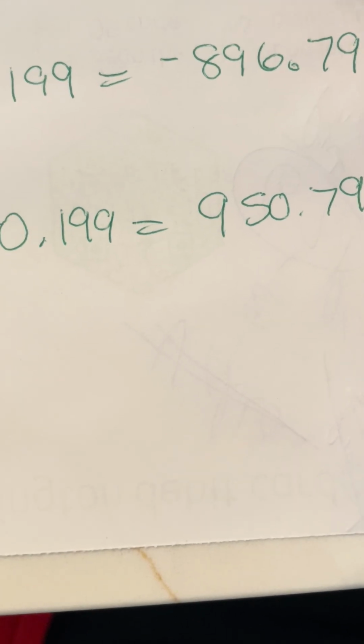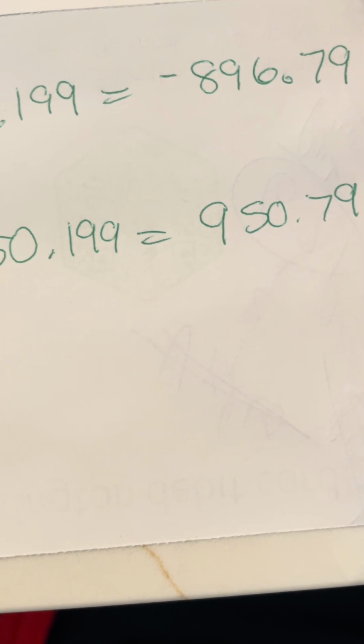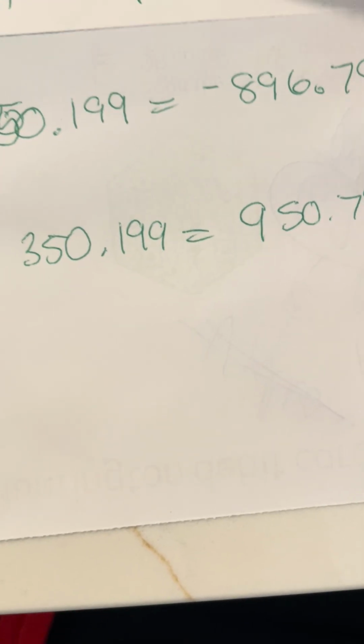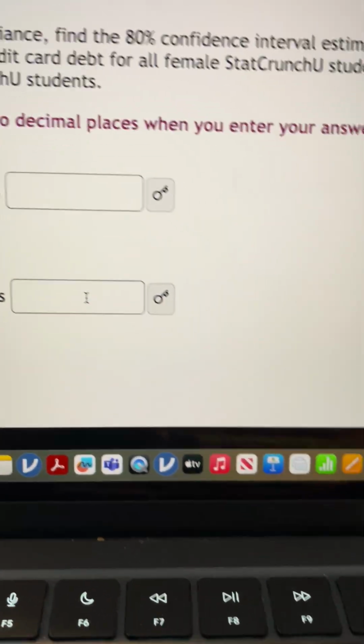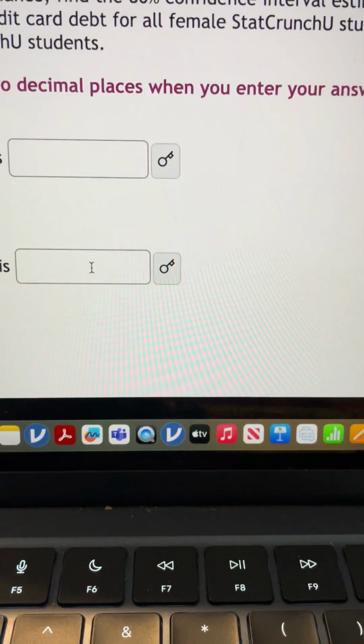There we go. Almost. Just give me a little bit longer. All right, I need to go to the teacher preview. And I'm going to the teacher preview. There we go.